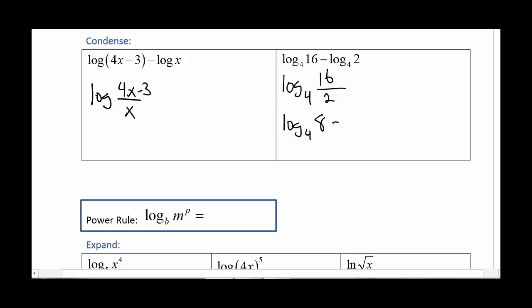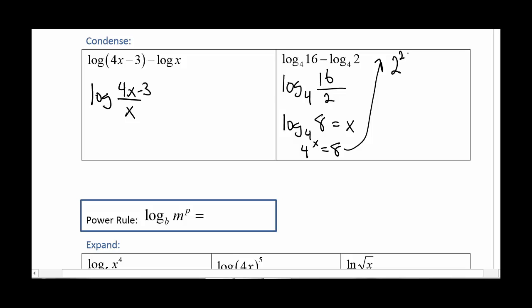So if we think about this as equal to x, and if I rewrite that into exponent form, I get 4 to the x equals 8. Okay, well, what's another number that I can rewrite so that something to this power equals 4 and something to this power equals 8? That would be 2.